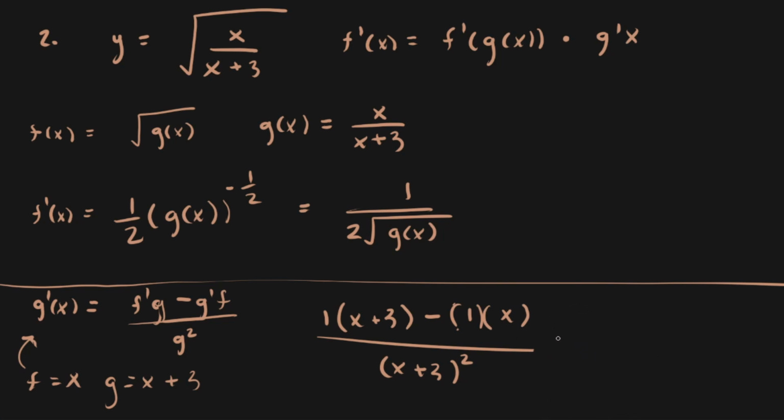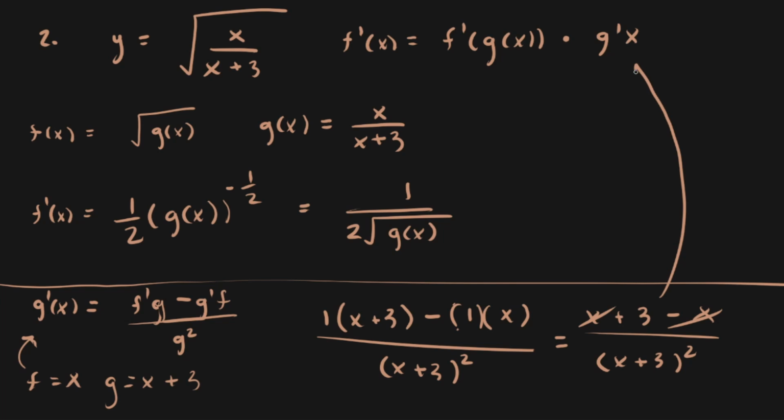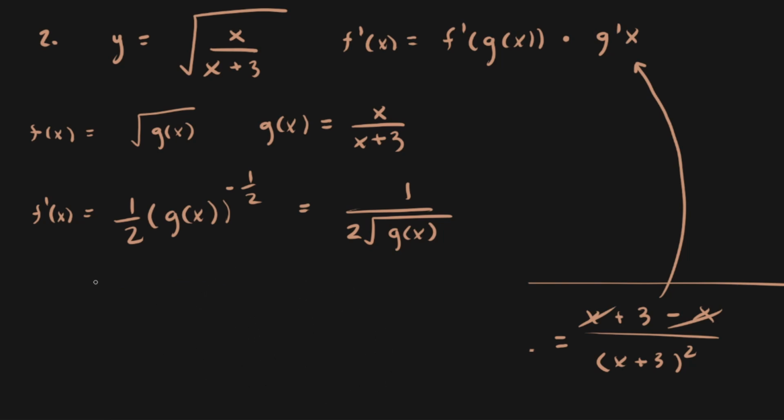We can simplify that. So we have x plus 3 minus x over x plus 3 squared. The x's cancel out, so we're just left with 3 over x plus 3 squared. So this is the derivative of g, g prime. Now we can combine them. We have f prime here, and then we have g prime. So the final answer is y prime equals 1 over, this is f prime, now what's g?